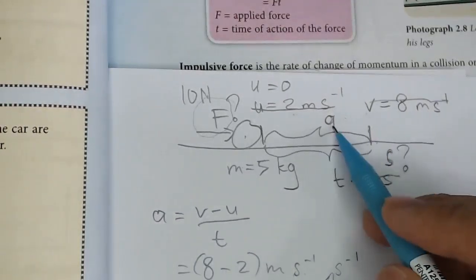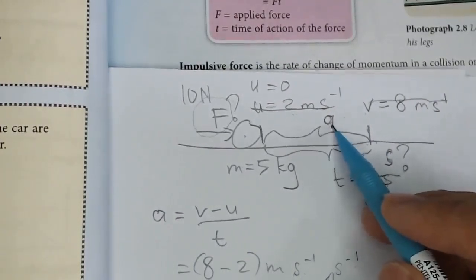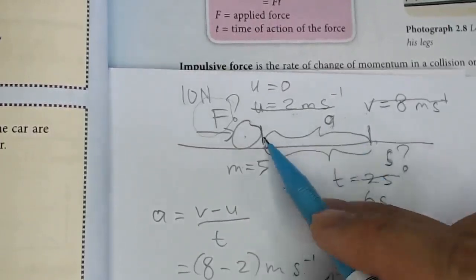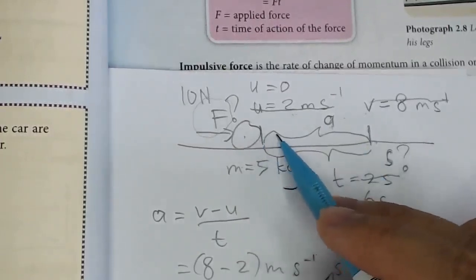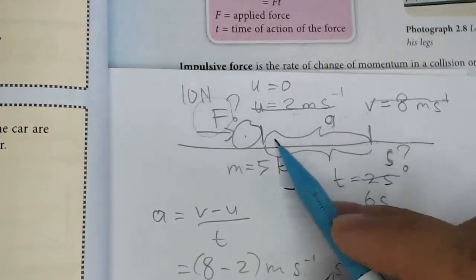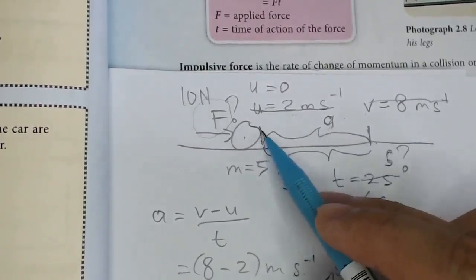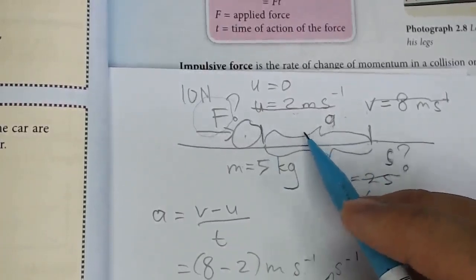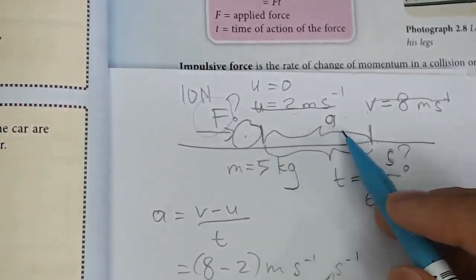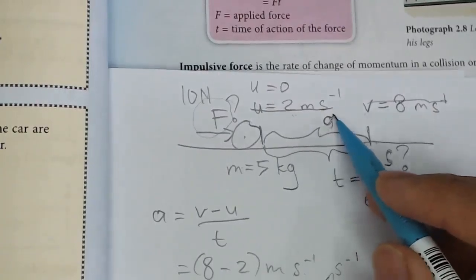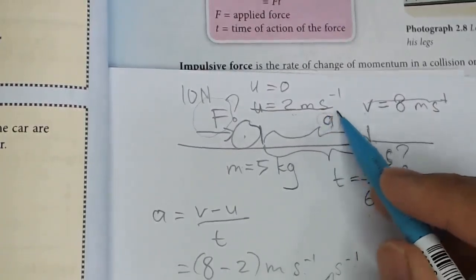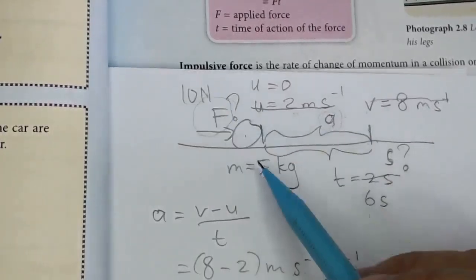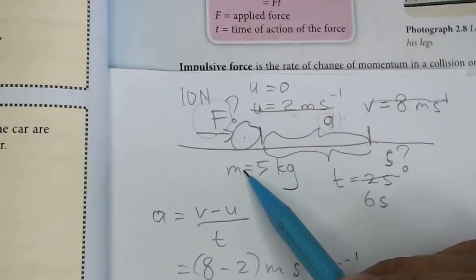Let me ask you, can we find the value of A? The idea is the object accelerates, correct? It accelerates because it starts from rest and moves with acceleration. Okay, can we find this value of A out of this information, force and M here?